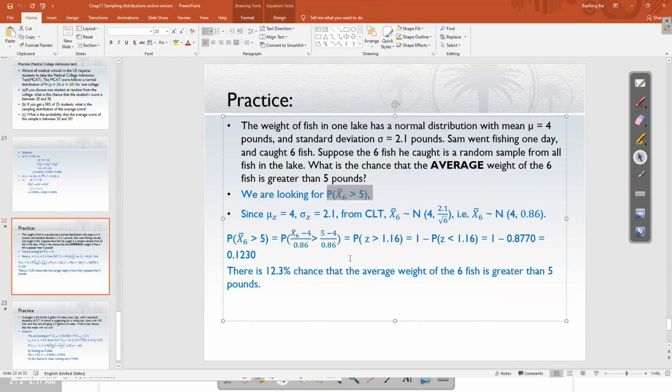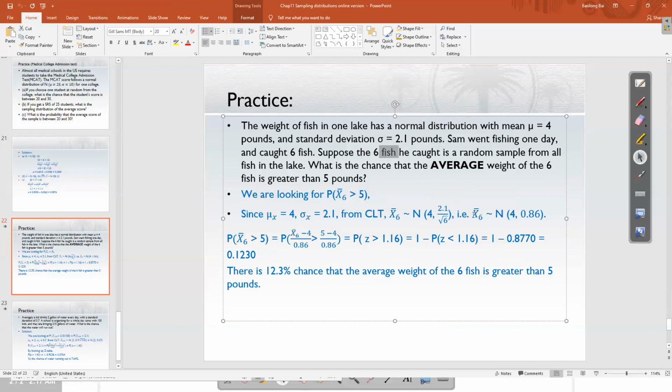So if you want to find probability related to X bar, you need to find the distribution of X bar. And the only place to give you the distribution of X bar is the central limit theorem. So X bar will have a normal distribution with mu of X and a sigma of X over square root of n. Mu of X is 4, sigma of X is 2.1, and n is 6, right? That's the sample size. You have 6 fish as a sample.